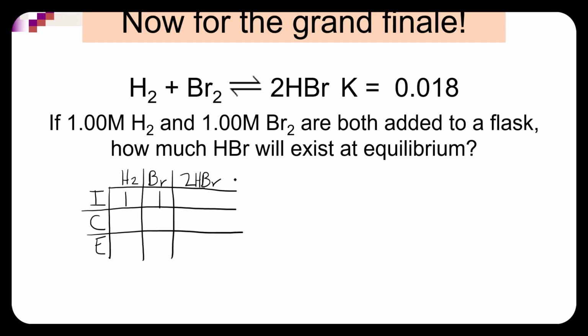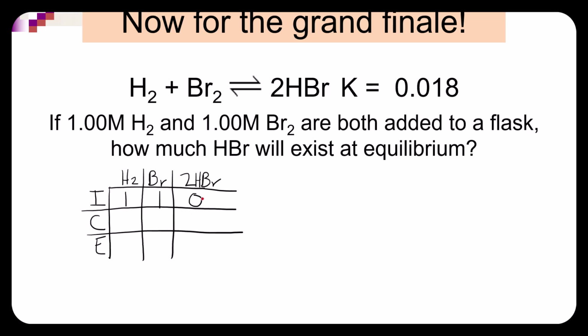No mention of hydrobromic acid, so we're going to assume that is 0 to start. No information about change, so that's all we've got. Now we need to start filling in our ice table, but unfortunately we're going to have to use X's.